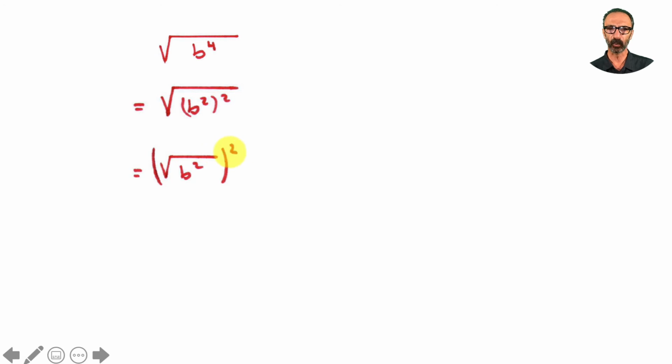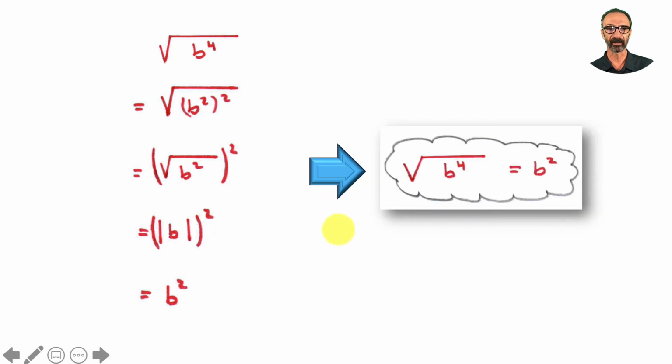But I'm already squaring that, so the square will handle the negative sign. So you don't need the absolute value here. Just b squared. So what this summarizes, in short, is the following. Square root of b to the 4 is b to the second. You don't need an absolute value. Let's take some examples.